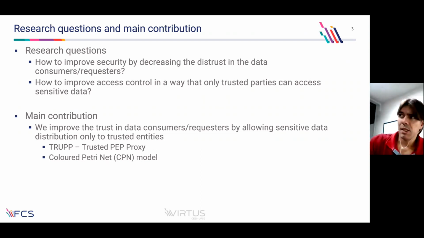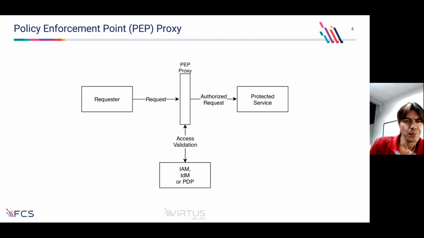And to validate our proposal, we developed a Colored Petri Net model, a CPN model, to verify some desired behaviors of our proposal. This is a common functionality of the policy enforcement point proxy. We have here a common policy enforcement point proxy, and we have a requester, our consumer, on the left side, and a protected resource on the right side.